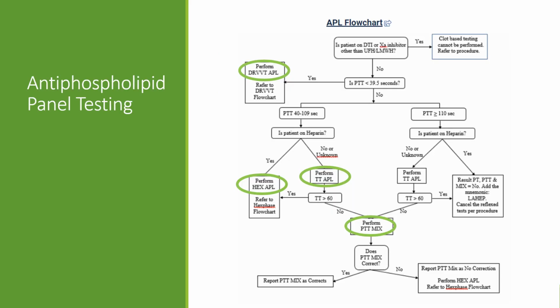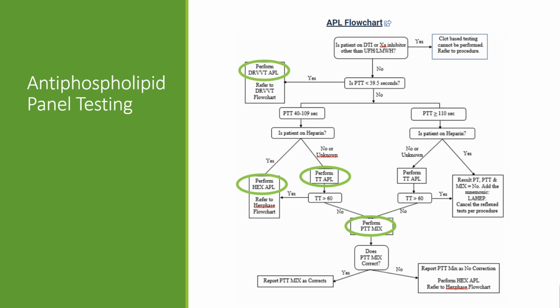So antiphospholipid testing can seem a little bit confusing. So I have provided you with this APL flowchart. First thing is we are going to ask, is this patient on any direct thrombin inhibitor or anti-10A inhibitor other than heparin? If the answer is yes, we cannot perform clot-based testing.